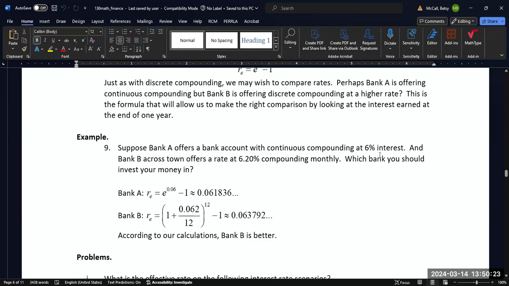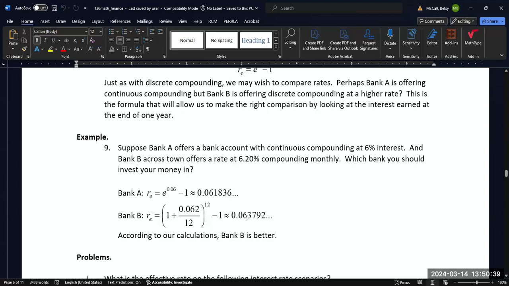But when you put 6.2% into the compounding formula, compounding monthly, then we're using that other version of the formula we saw earlier.